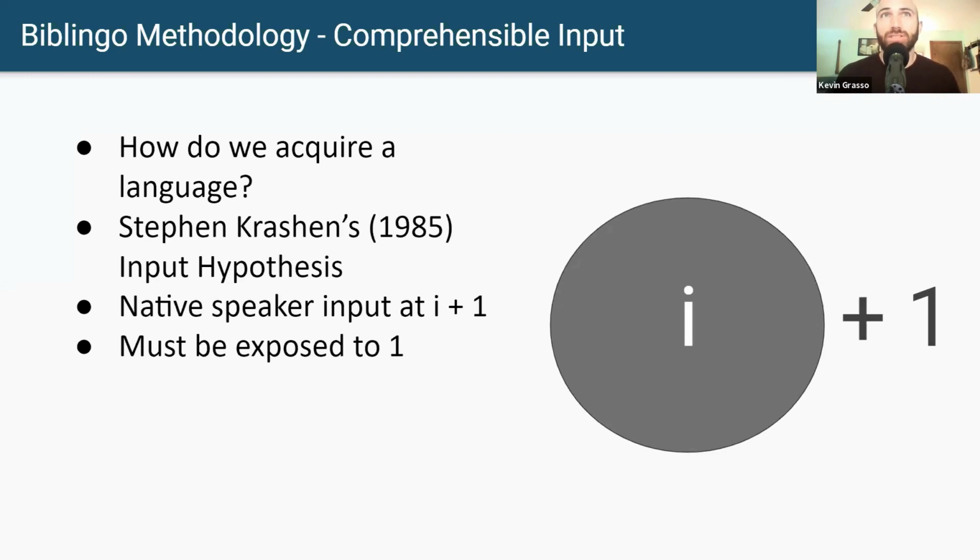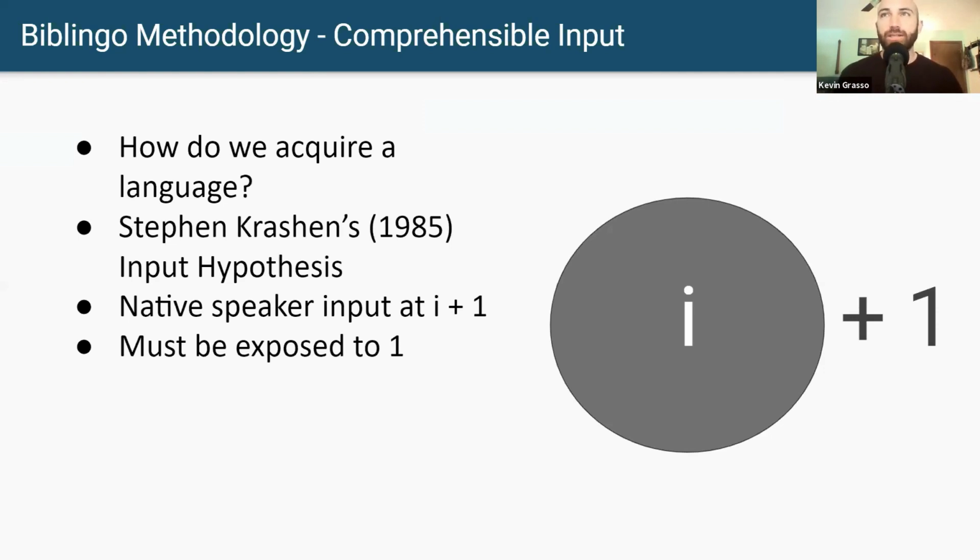When Stephen Krashen in 1985 wrote his book The Input Hypothesis, he said that comprehensible input is input at your level, what you know, which is I, plus one new thing that you don't know. So it's input that challenges you to acquire something new. It's not just input that you understand.